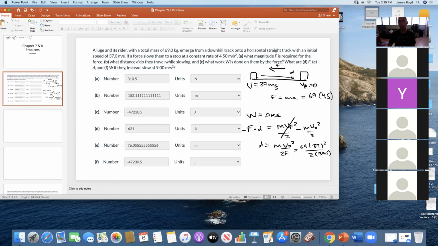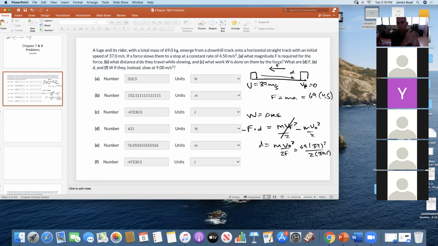But that's all you do with the work energy theorem. It tells you that the force dotted with the distance is the change in kinetic energy. And at that point, it's really a matter of making sure that you get your signs right for your vectors, and making sure that you know what v final or v initial is if it's 0.